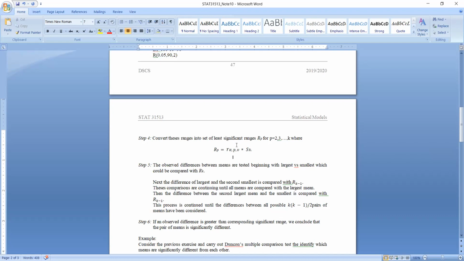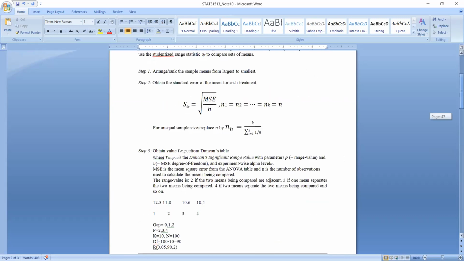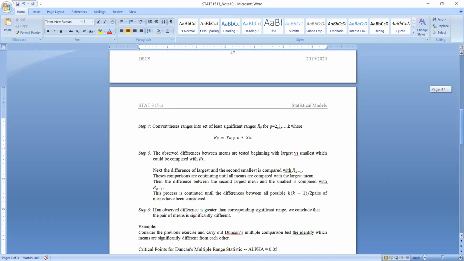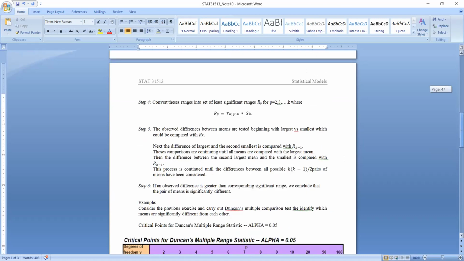RP is the table value multiplied by the standard error of the mean, which we calculated at the beginning.